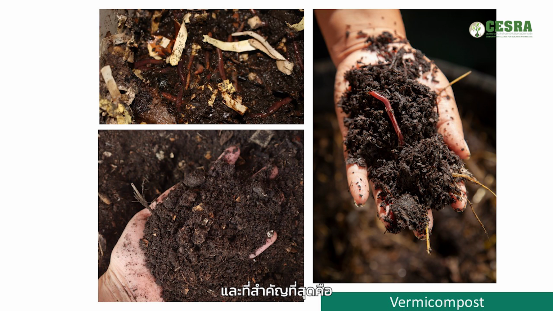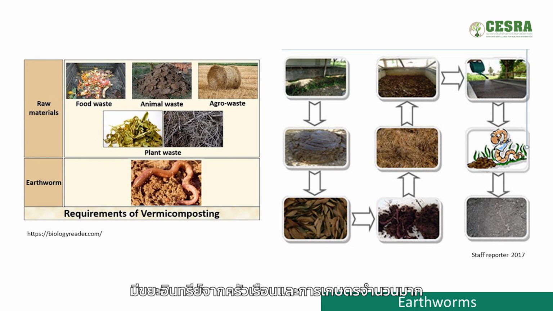And most importantly, there is a lot of organic waste from households and agriculture, such as vegetable and fruit scraps, which often causes problems for the environment when discarded or disposed of improperly. Flies, bad smells, and loss result from the decomposition of organic vegetables that are not properly managed.